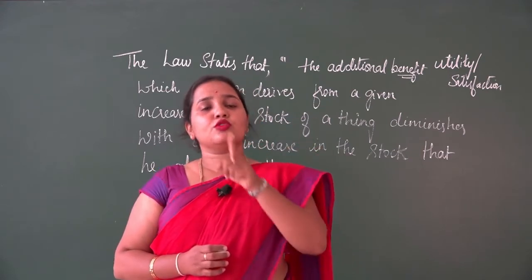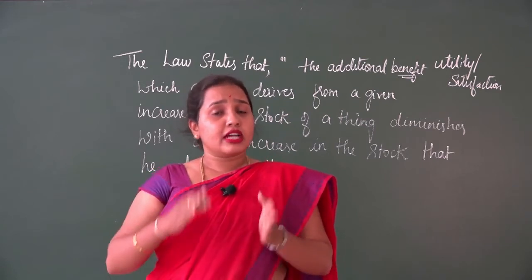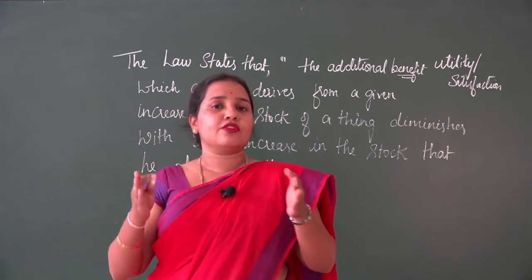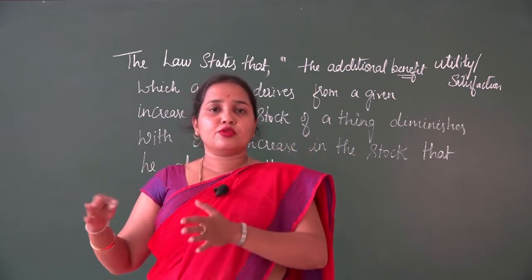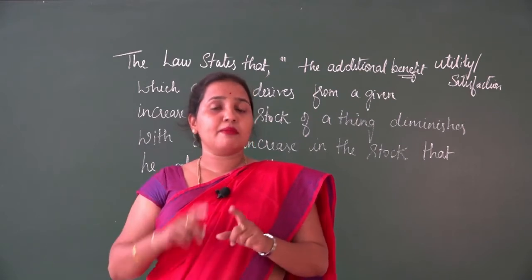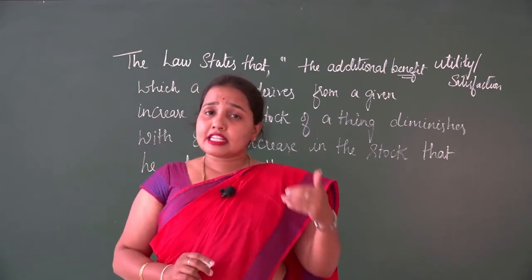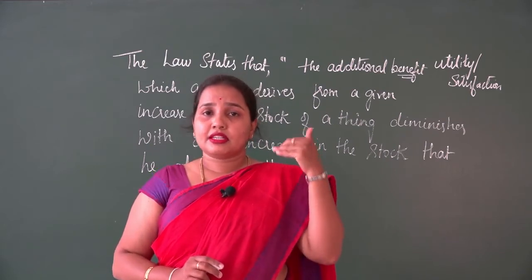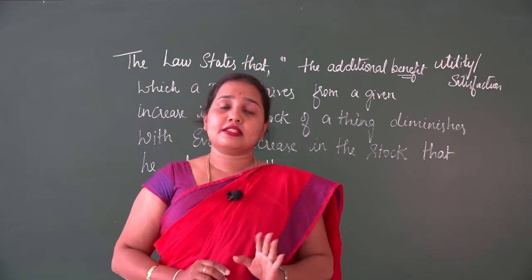Now you continue to have the second ice cream without a time gap. Continuously you are having it. It is one of the assumptions that each and every unit is consumed continuously without a time gap. Now you are consuming the second ice cream. The satisfaction derived from the second ice cream will be lesser.